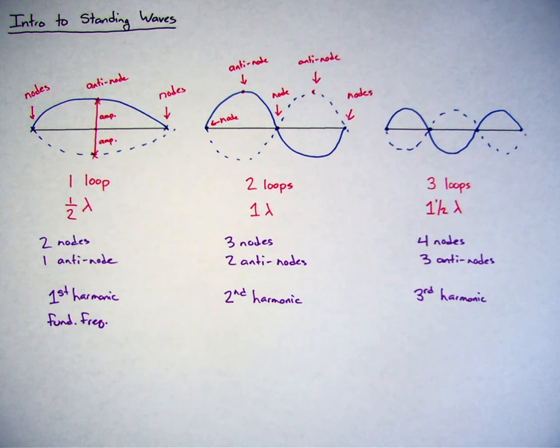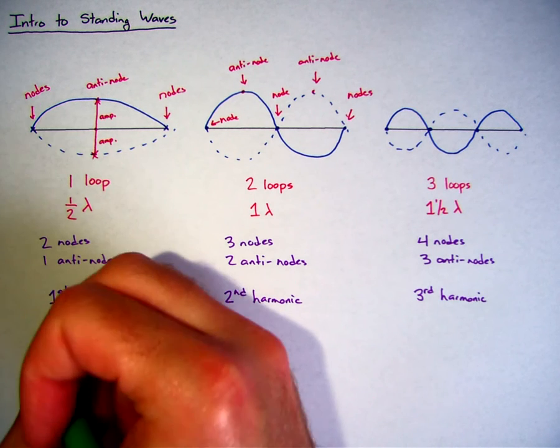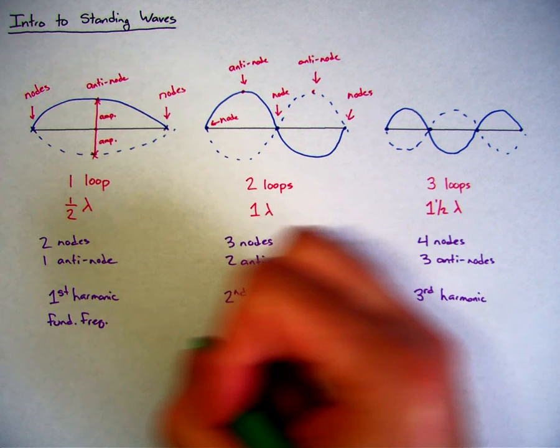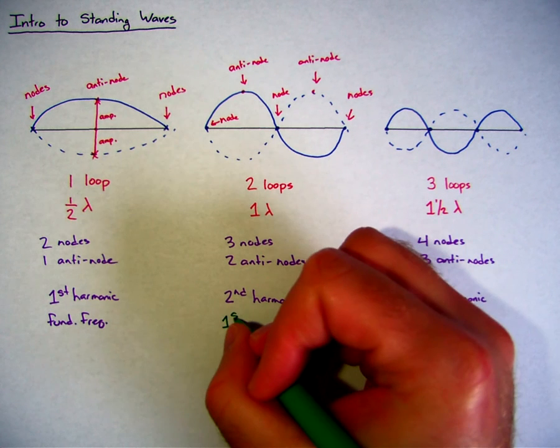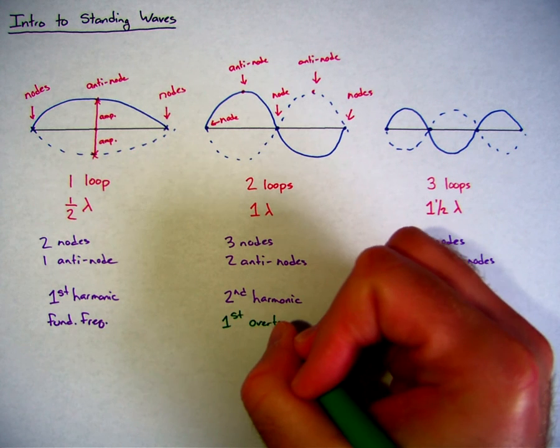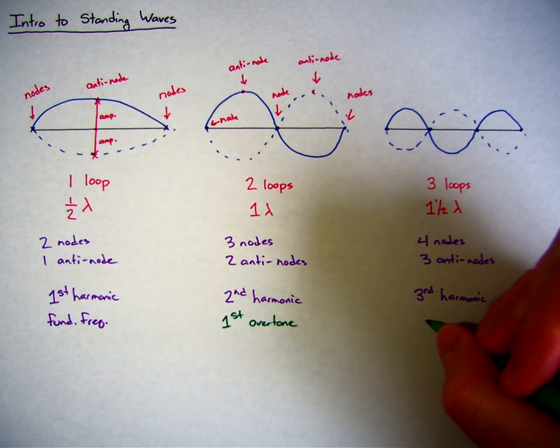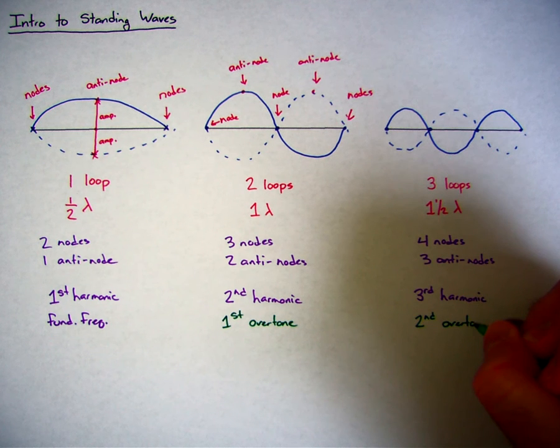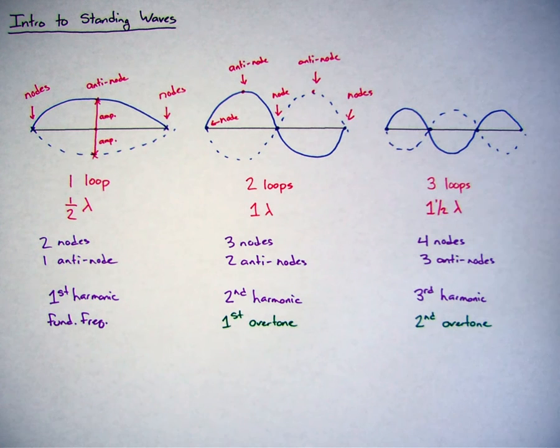And if we look at overtones, we're going to have here our fundamental frequency. So this is going to be the first overtone. And this is going to be the second overtone. So this is what occurs when you have your standing waves on a string.